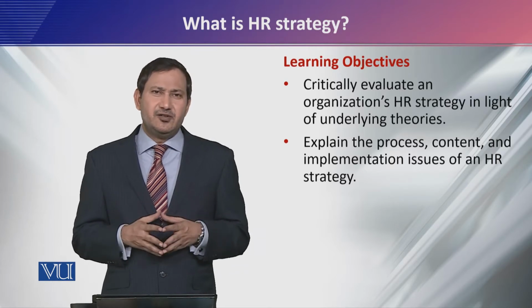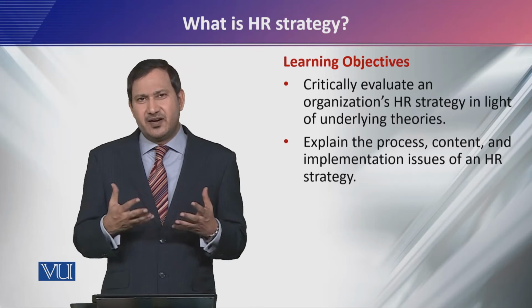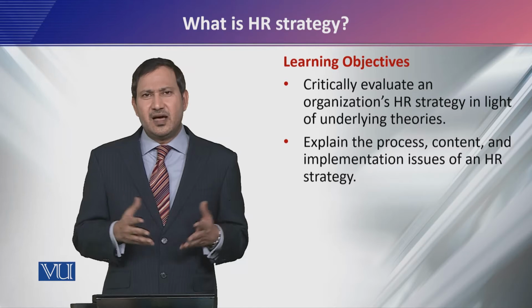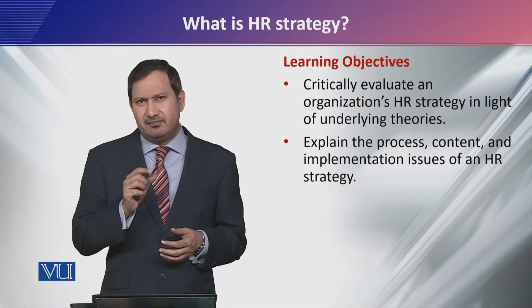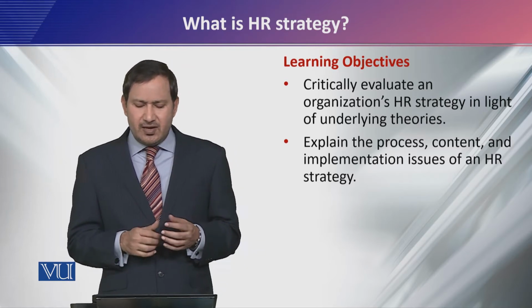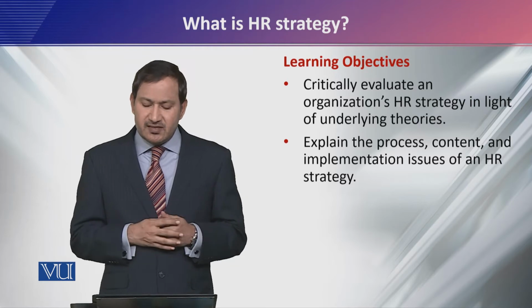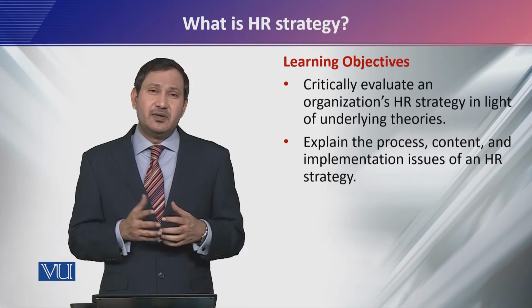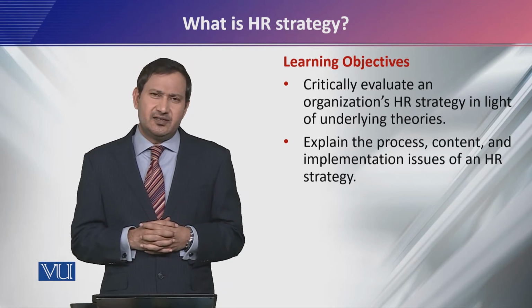So theories are very useful because they help us to predict what can happen by the manipulation of things in our environment, particularly in organizations. The last learning objective is to explain the process, content, and implementation issues of HR strategy.